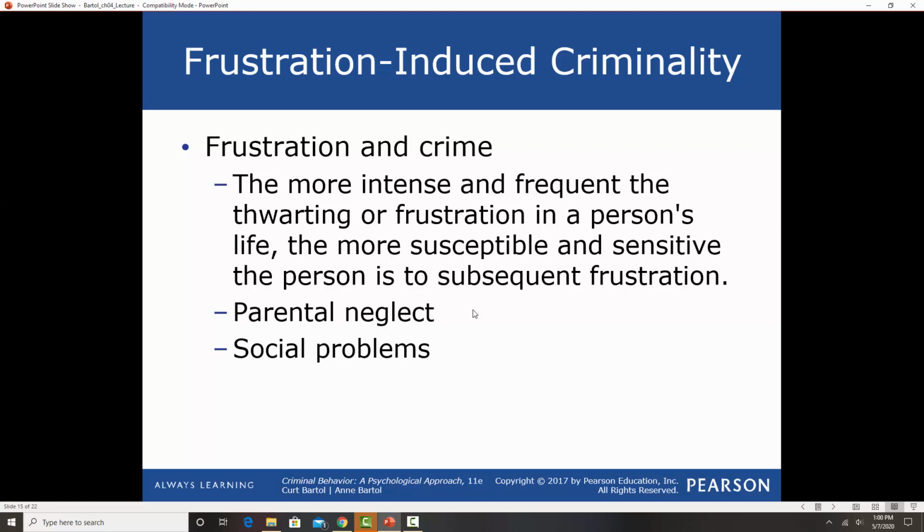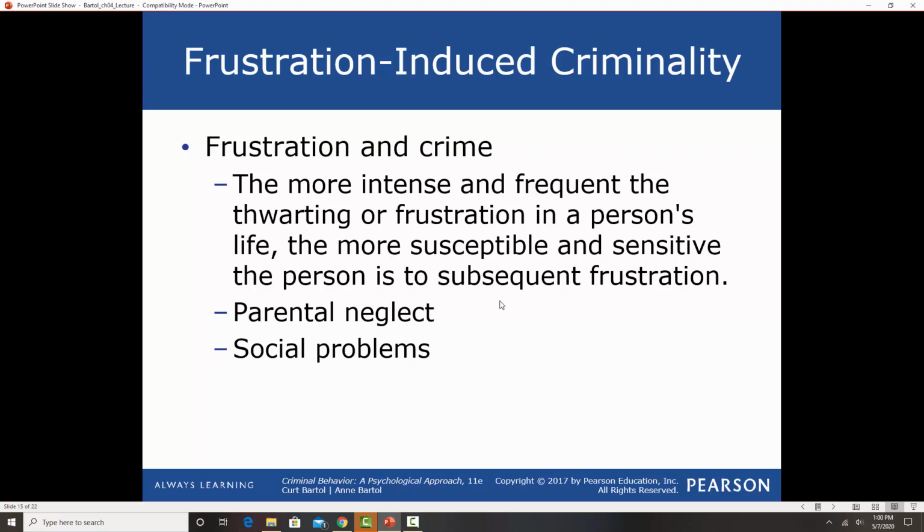With juvenile delinquency, Berkowitz also did some research in that area, and he hypothesized that, again, the more intense and more frequent frustrations that a young person has, the more likely they are to have a short fuse, and their frustration is going to bubble over.